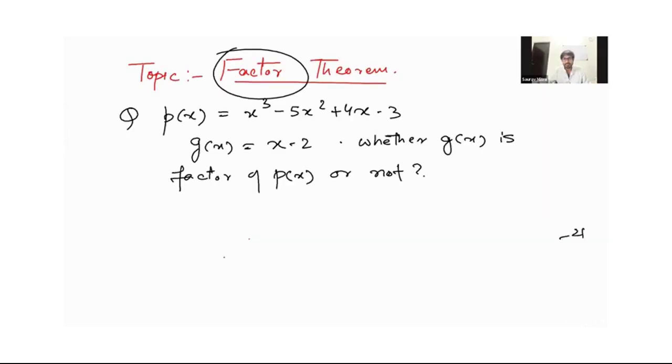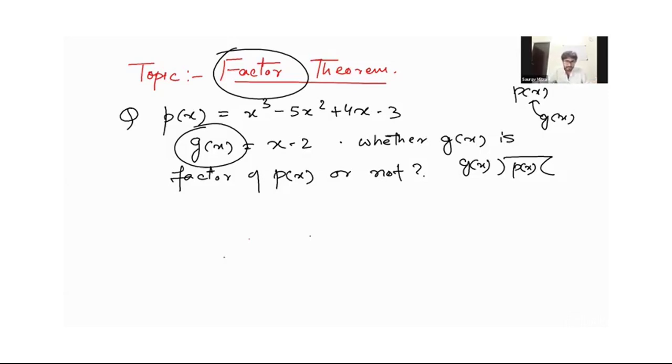Fine. Similarly, in polynomials, if they are asking to check whether g of x is a factor or not, that means g of x should divide p of x. Here we will only use the factor theorem, not the complete long division.